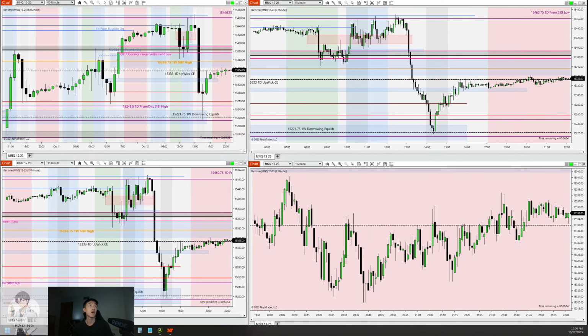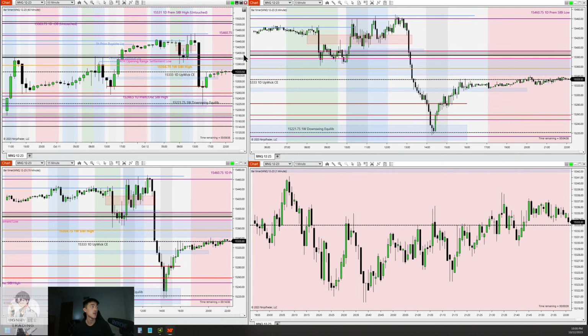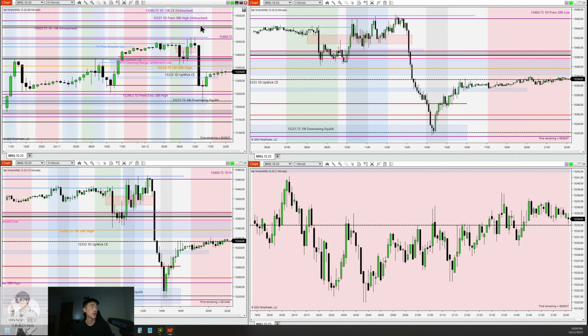So tomorrow we're going to see if we come up a little bit into this area here and reject from there, or if we maintain the macro bullish flow and come up, take out a little bit more of that premium, maybe the midpoint of that.